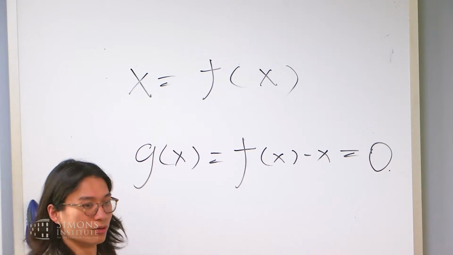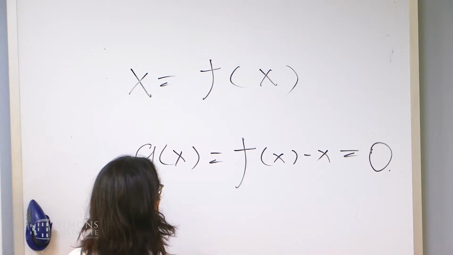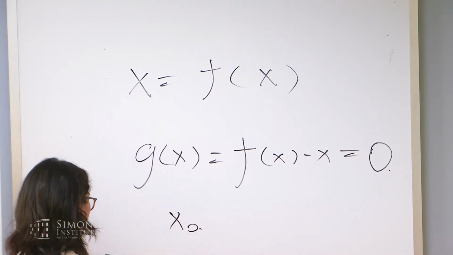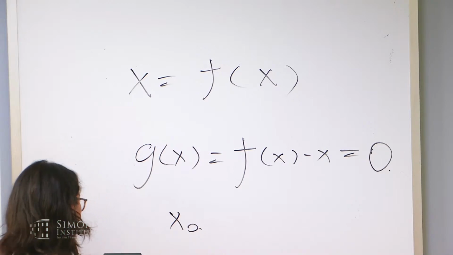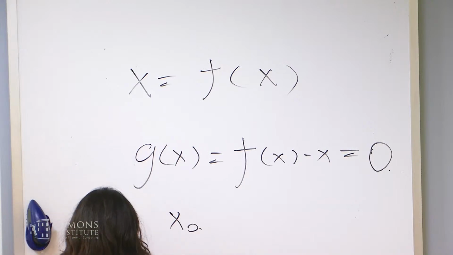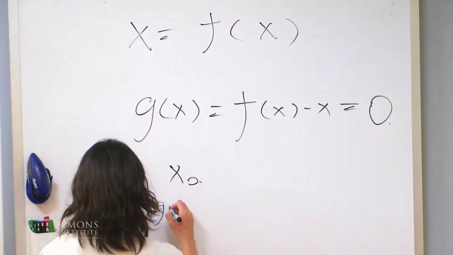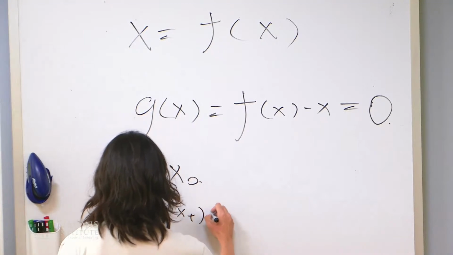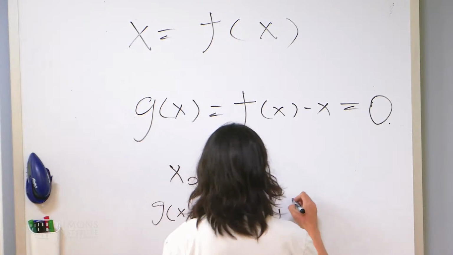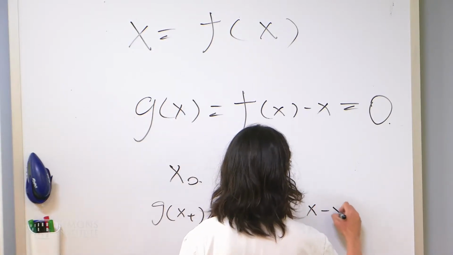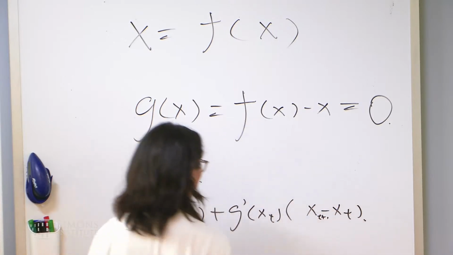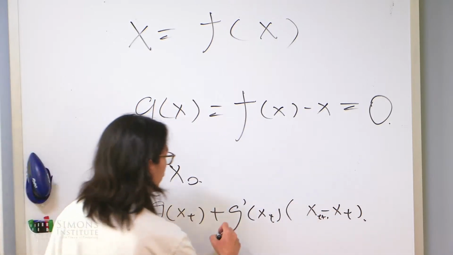Newton's method goes like this. We start at some x0, and then for every step we take a first order approximation of our function g. So we have g(x_t) plus g prime(x_t) times (x minus x_t).